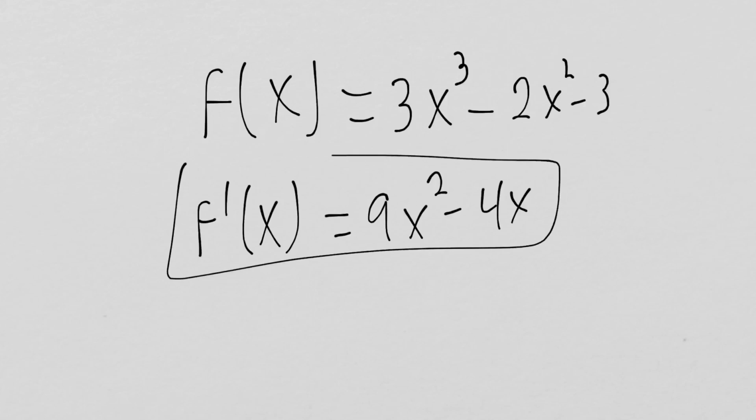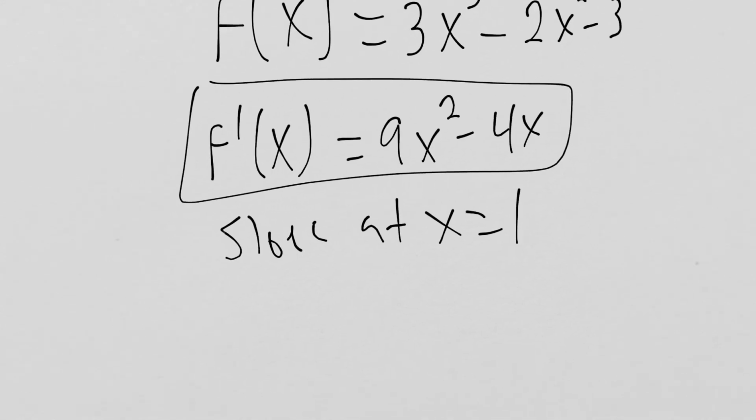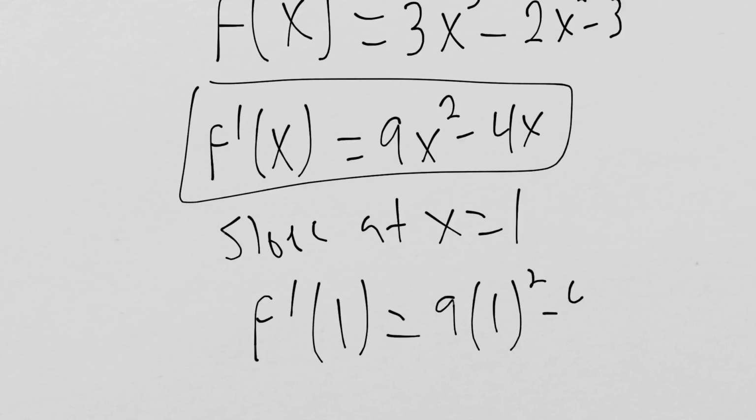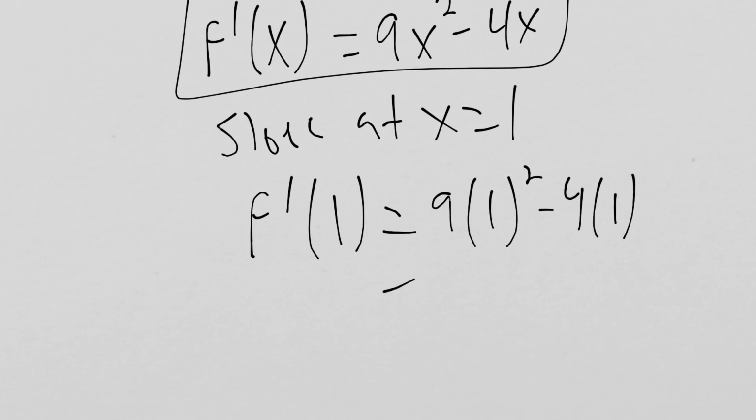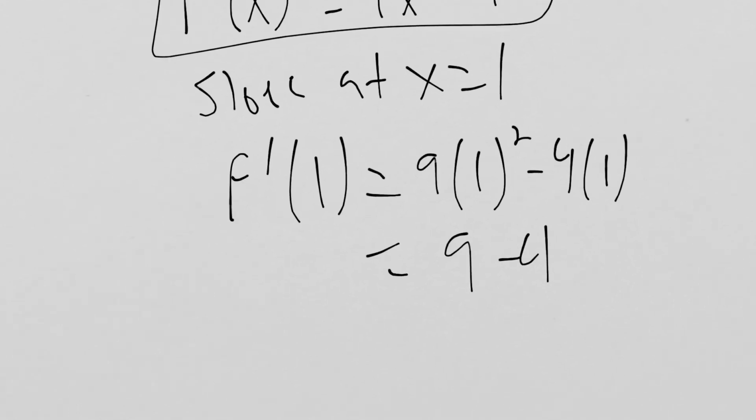So this is our function that's going to tell us the slope of f of x. If I want to know the slope at x equals 1, I do f prime of 1 equals 9 times 1 squared minus 4 times 1, which gives me 9 minus 4, so the slope of my function is 5 at x equals 1.